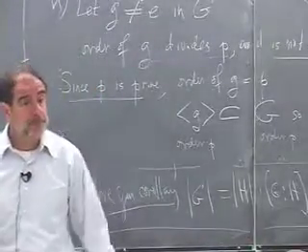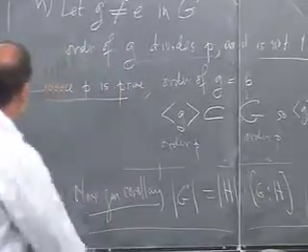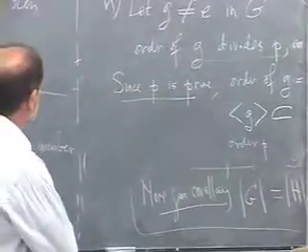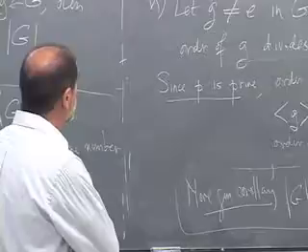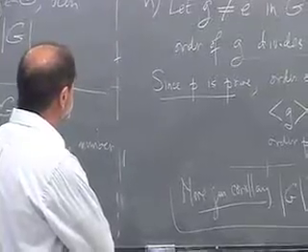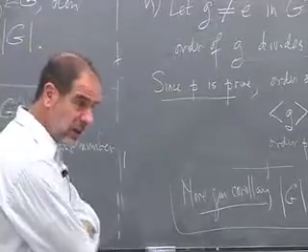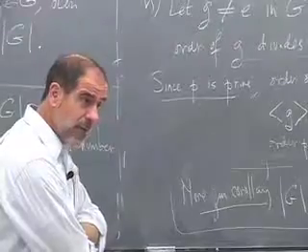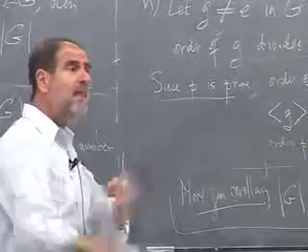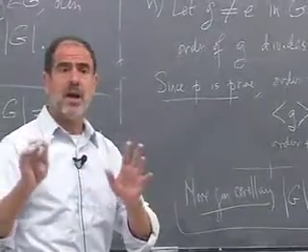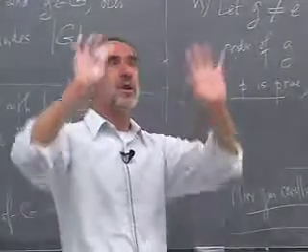Yes? If the group generated by little g is of order P, how do we know that it's all of G? Is that the question? Yes. I should have remembered to repeat the question for the audience out there.